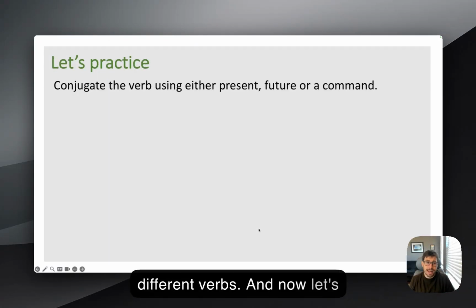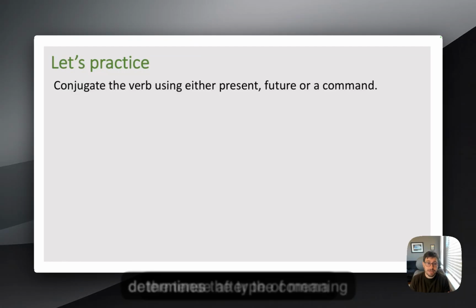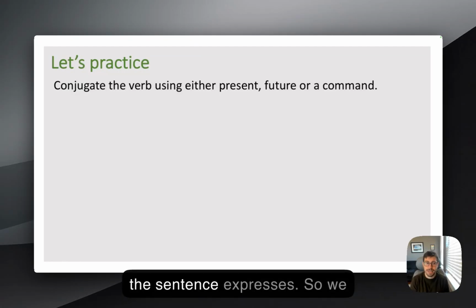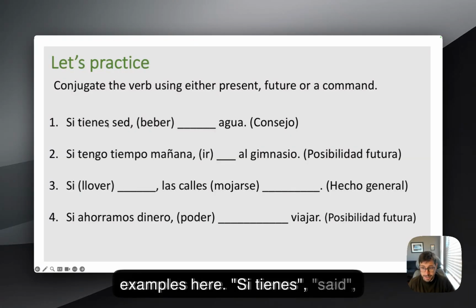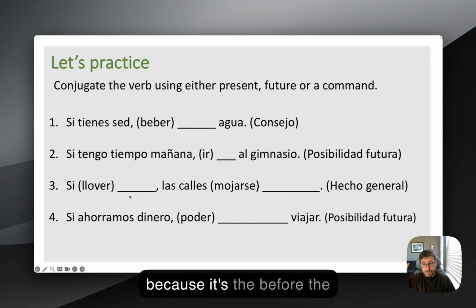And now let's practice. So remember, the word si introduces the condition, and the tense after the comma determines the type of meaning the sentence expresses. So we have si plus present. You're going to have it in those examples here. Si tienes sed, si tengo tiempo, si. In this case, you have to use present because it's before the comma.